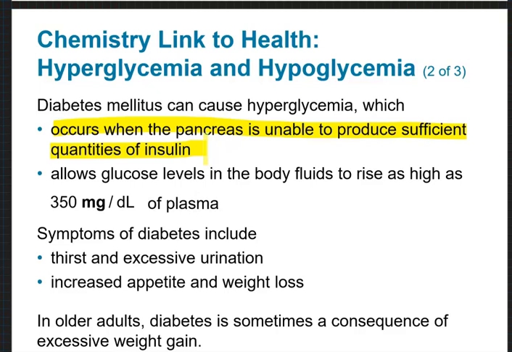Now, another type of diabetes, as you may be aware, is type 2. In type 2 diabetes, usually people are diagnosed later in life, in the 20s, 30s, whatnot. And for the most part, it is a result of dietary and other lifestyle choices.